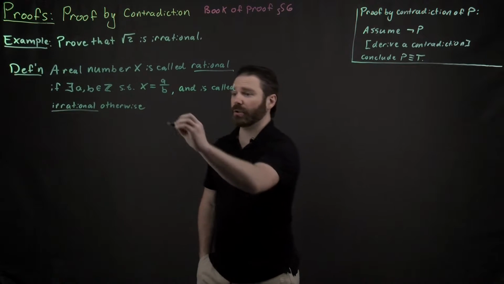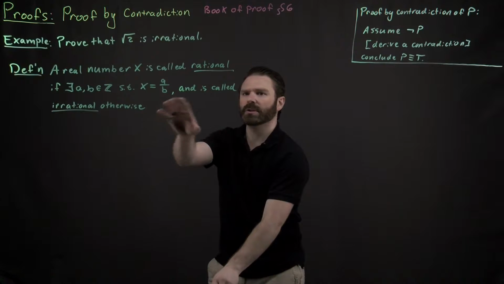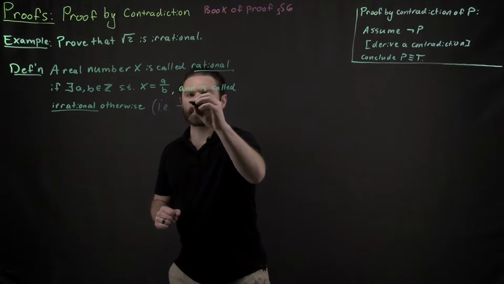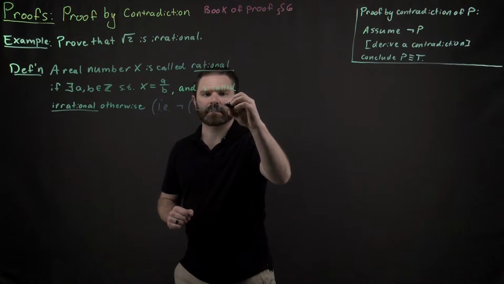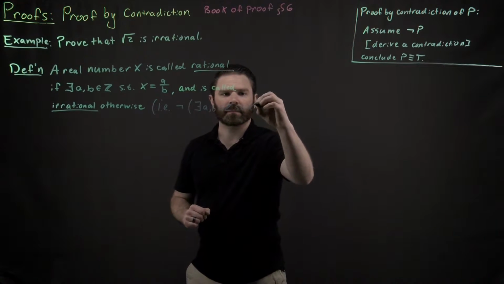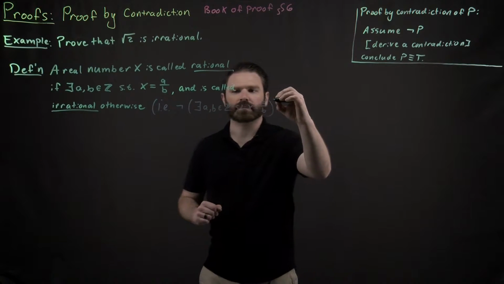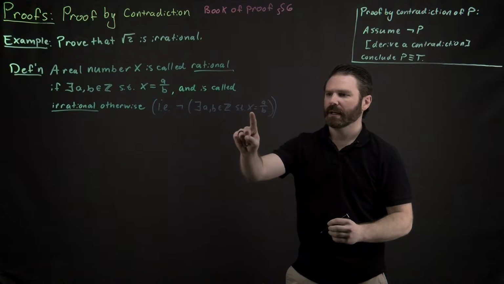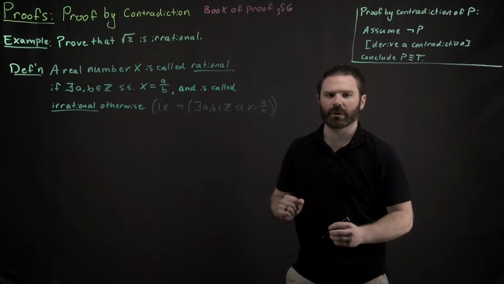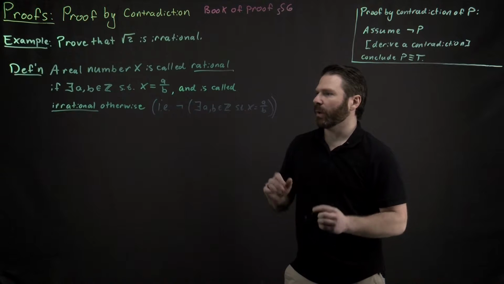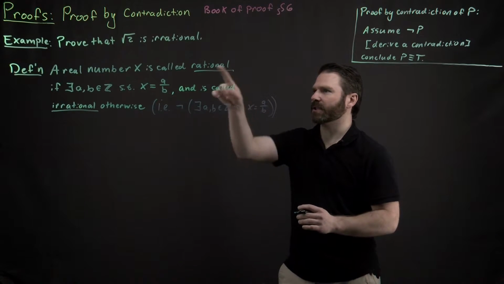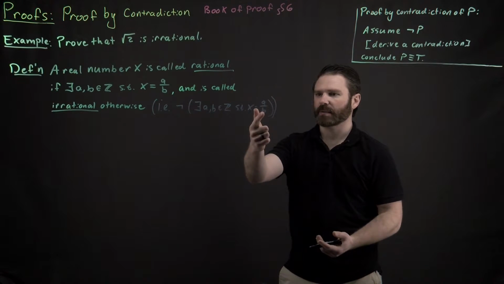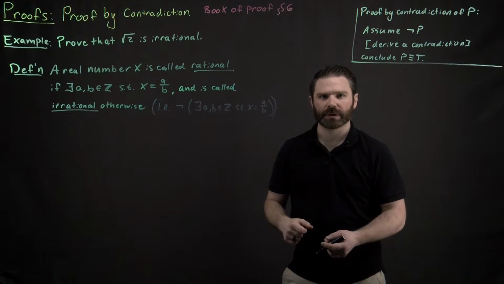That means you cannot find integers a and b such that x is expressed as a ratio of a and b. So what we want to do is show that the square root of 2 is irrational, that it cannot be expressed as the ratio of two integers.